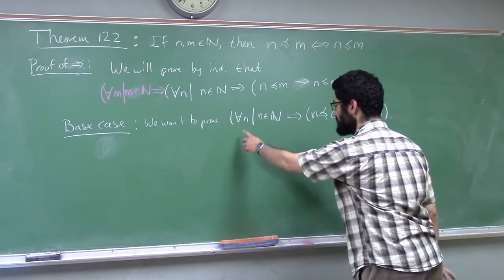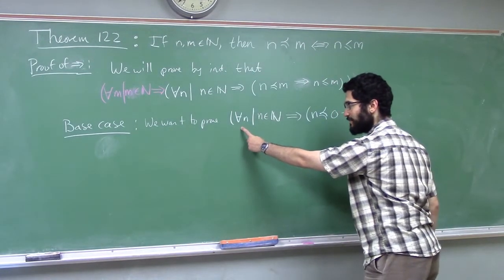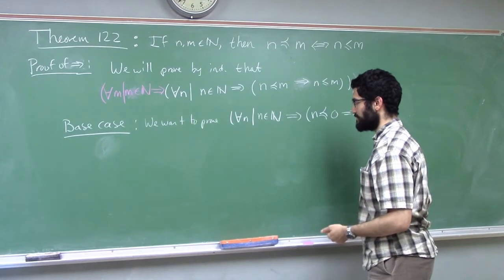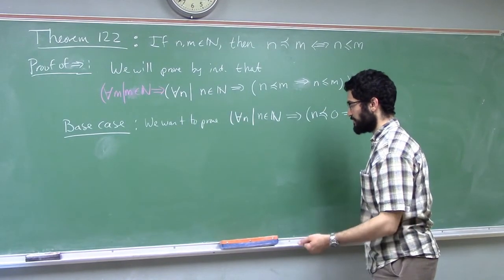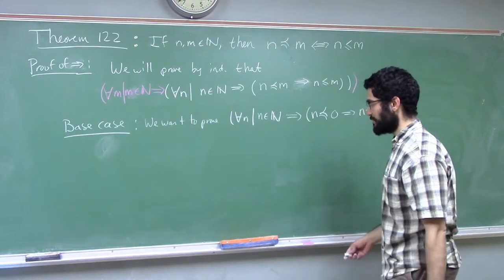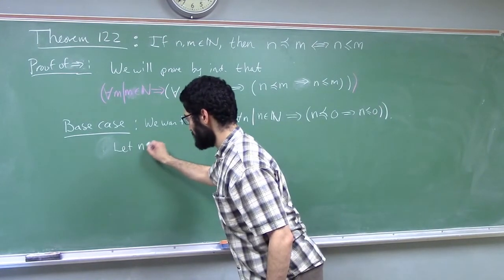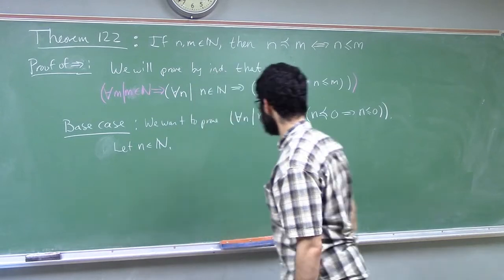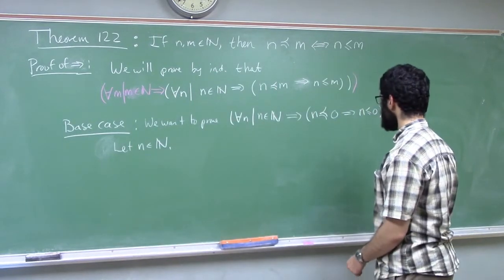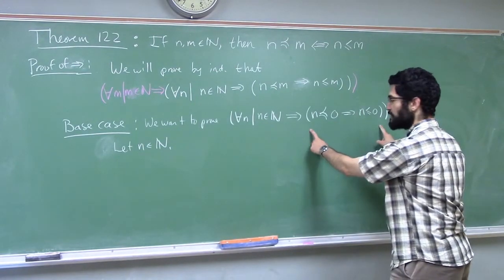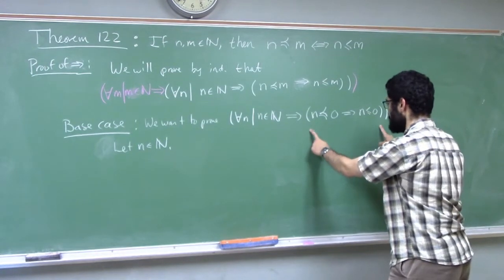So the base case itself is a for all, so I need to prove this for all. So I'll take the universal generalization style of argument. Consider any natural number n, or for short, just let n be a natural number. Then, can I prove this implication? Okay, well, let me assume the left-hand side.